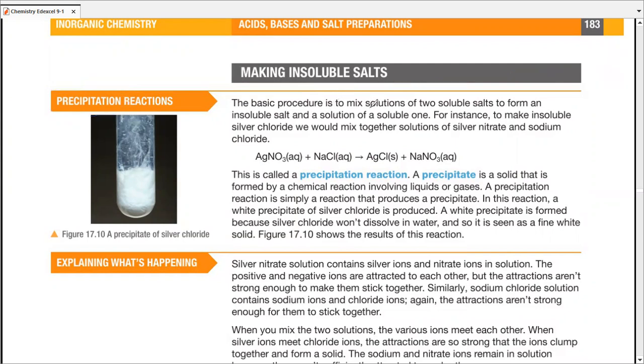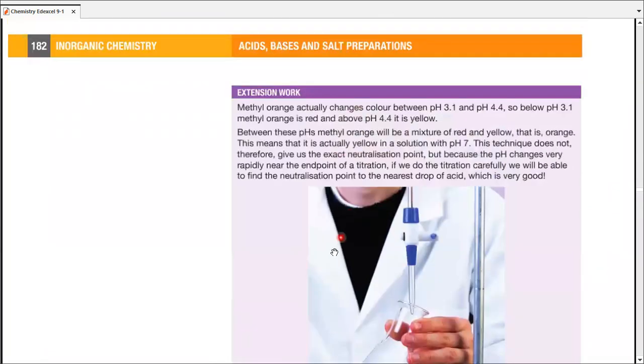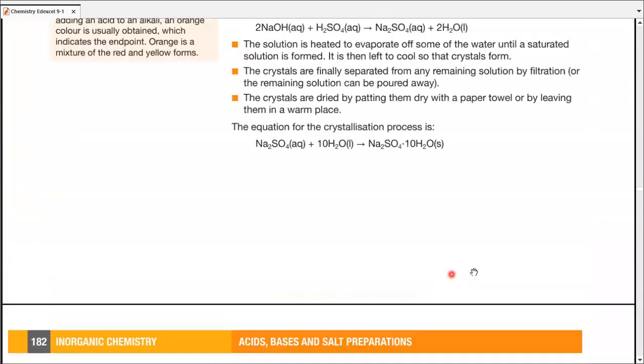Let's come towards the preparation. The basic procedure is to mix solutions of two soluble salts, and they are going to give us two products, one insoluble salt and one soluble salt. For example, we're going to try making some insoluble salts, but before we do, I'm going to take you a little bit back to the same table.